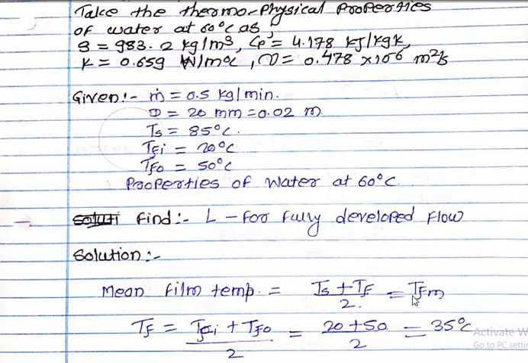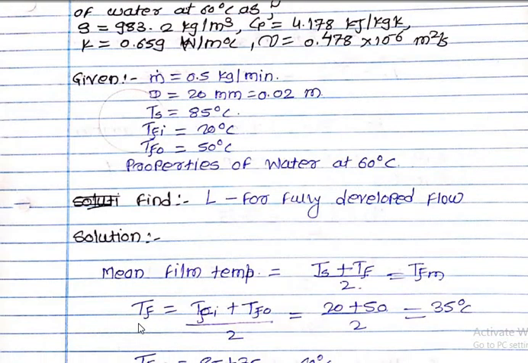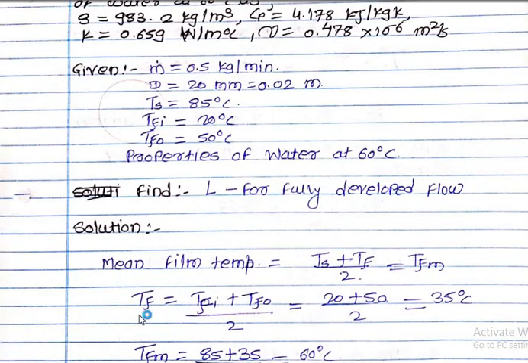Two fluid temperatures are provided, inlet and outlet, so for the fluid temperature we take the average of inlet and outlet fluid temperature. 20 plus 50 divided by 2 is 35 degrees Celsius. That will be our T suffix F, the fluid temperature.